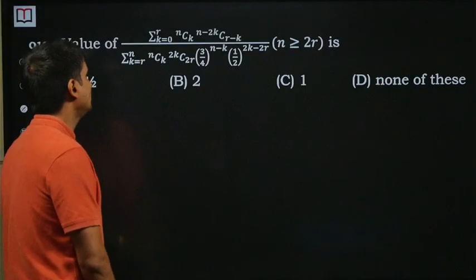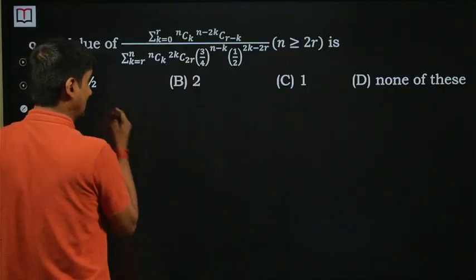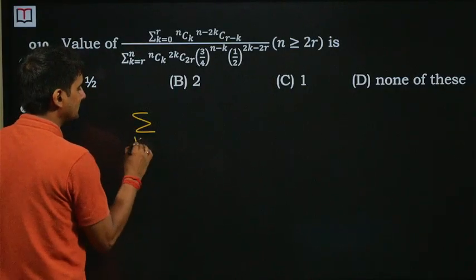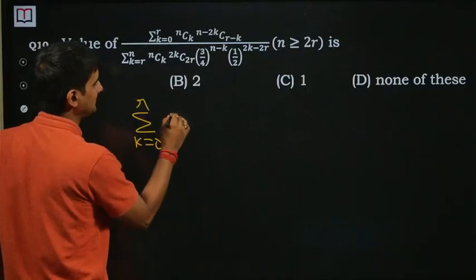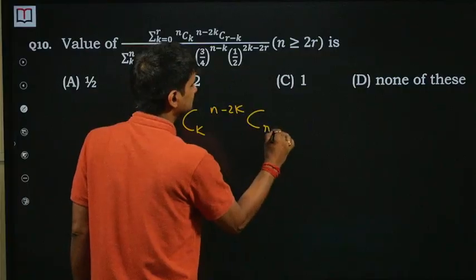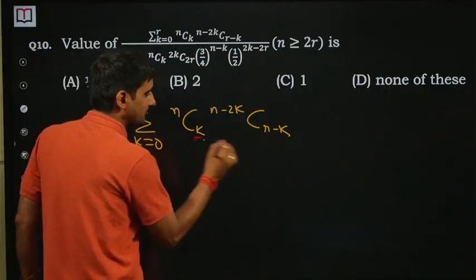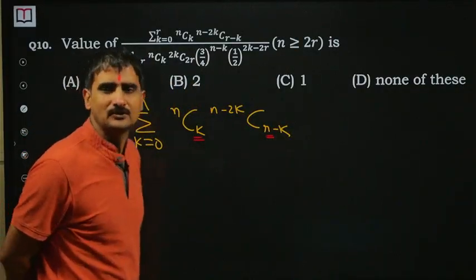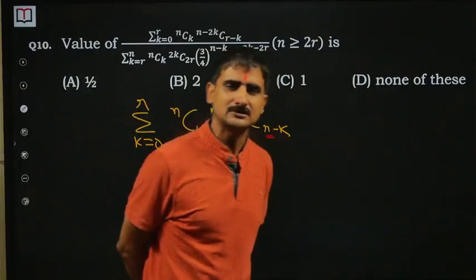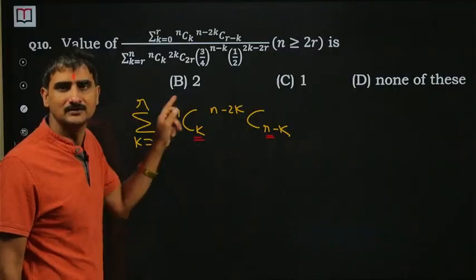That's the 9th question here, and that's the 10th question: the value of this series where k goes from 0. See, if I move ahead with two different terms, in the numerator, the sum of the subscripts of the binomial coefficients is a constant, which is r, because the variable of this summation is k.